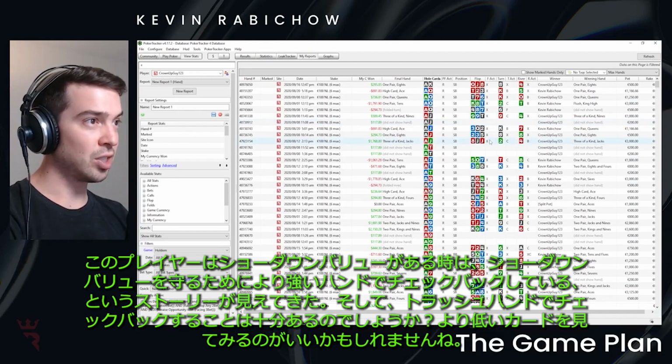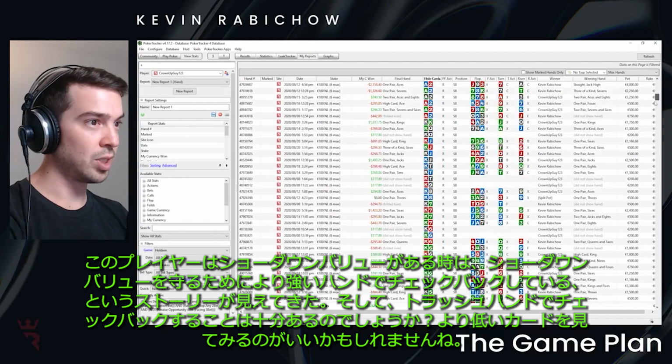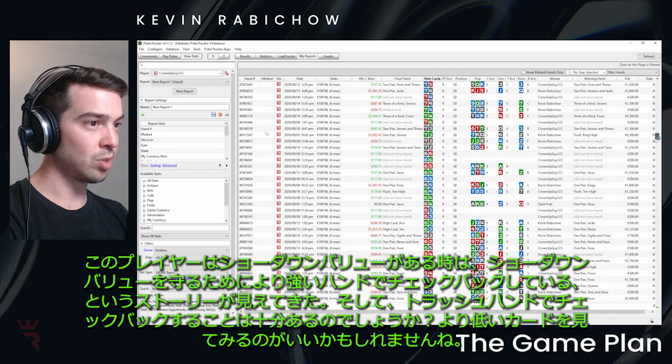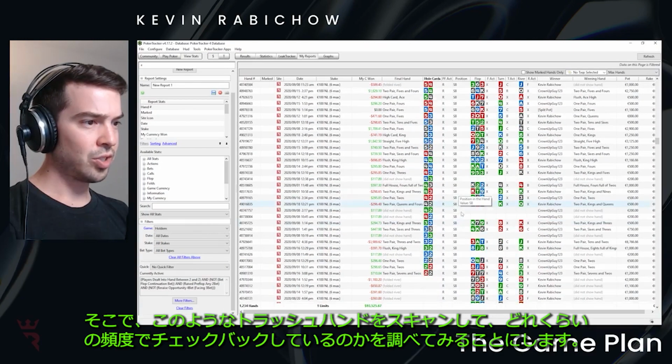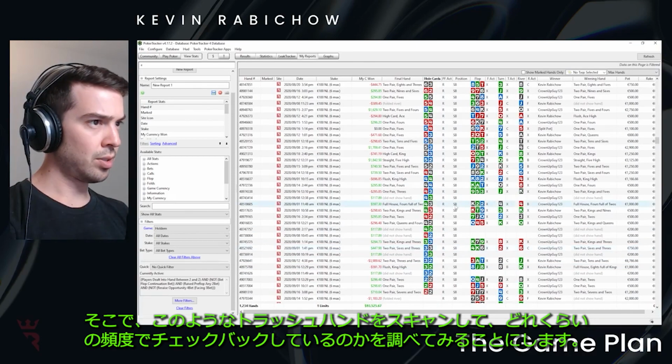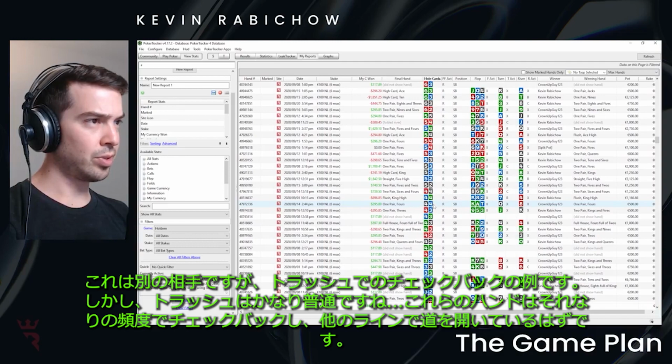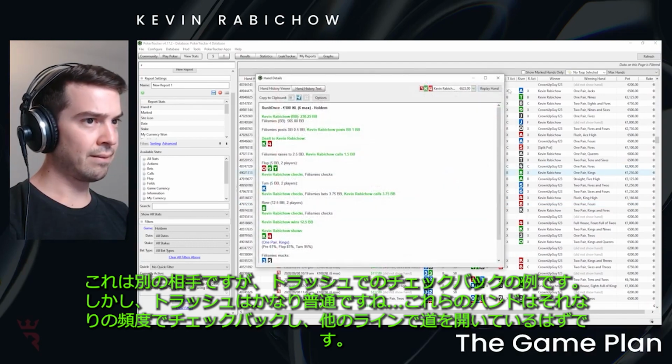And are we seeing enough check back hands with trash? It might even be helpful to look at just some of the lower cards. So I'm just going to scan some of these trash hands to see how often they're checking behind. This is a different opponent, but it is an example of a trash hand checking behind.